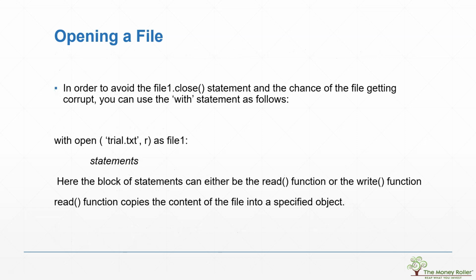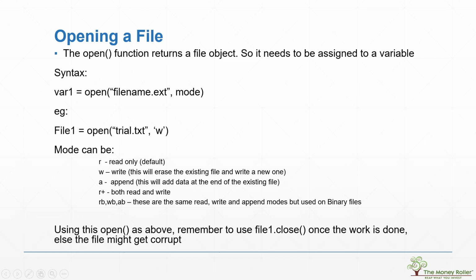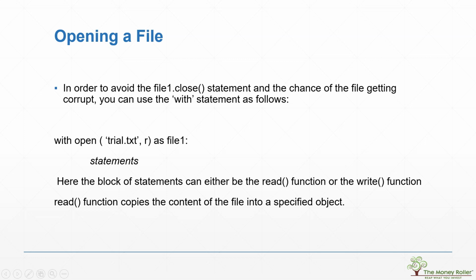Okay, so if you open a file, you take the data, you edit the file, do whatever operations you want. You have to ensure that at the end of the program you use file1.close, or the variable name that you've given, var1 or file1 or whatever name you have selected. You have to put that variable dot close as a statement so that the file gets closed.